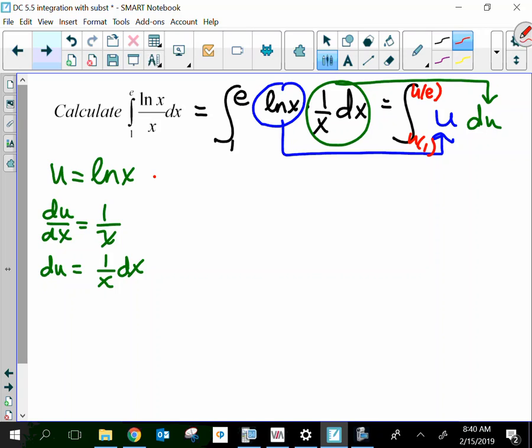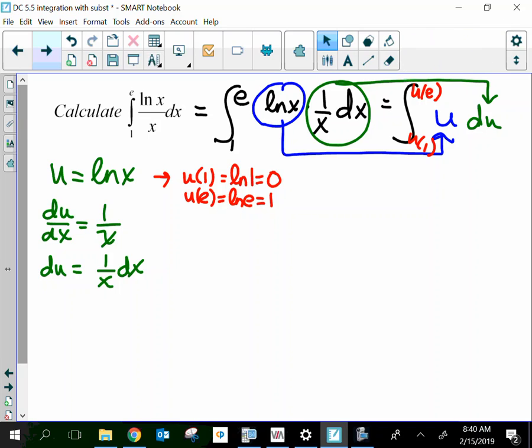All right. U of 1 means ln of 1. What is ln of 1? 0. U of e is ln of e. What's that? 1. Okay, so my new integral is what? What's my new integral?